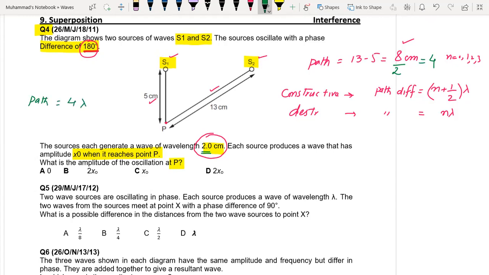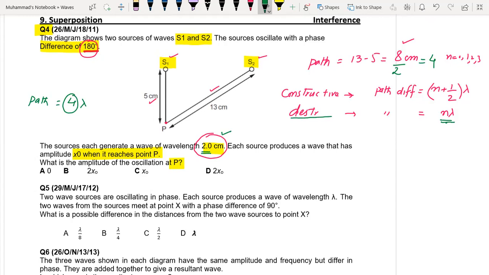In other words, lambda is 2 and path difference is 8, so I can write the path difference as 4 lambda. And this path difference is an integer multiple of lambda. That is the condition of destructive interference. So at point P, they must interfere destructively.